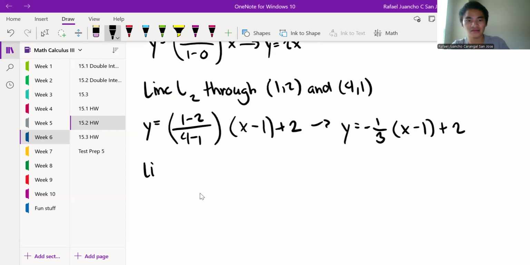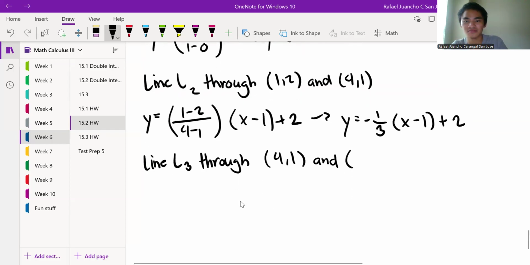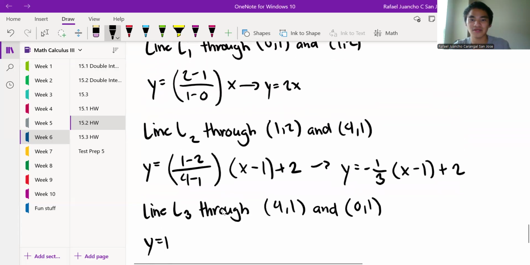Then lastly, line 3, or L3 in this case. It passes through (4, 1) and (0, 1), and here we notice the slope is just 0, so it's just y equals 1.